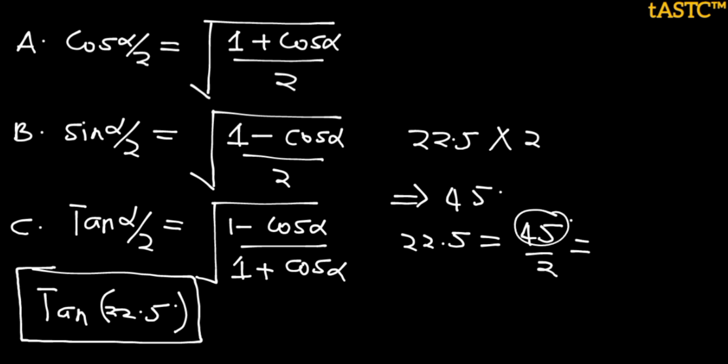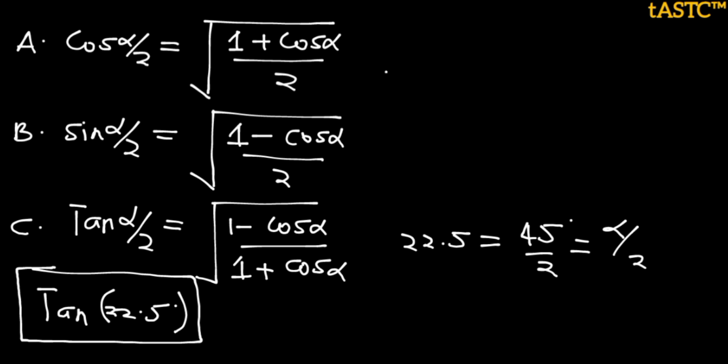If we call this alpha, then we're going to have alpha divided by 2 equal to 22.5. The formula for tan alpha divided by 2 will translate to tan of 45 degrees divided by 2.